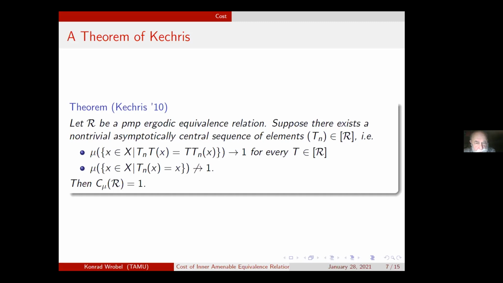Okay. So maybe if your equivalence relation is the orbit equivalence relation of like G times Z, for example. So you have a group and it has a non-trivial center or an infinite center.